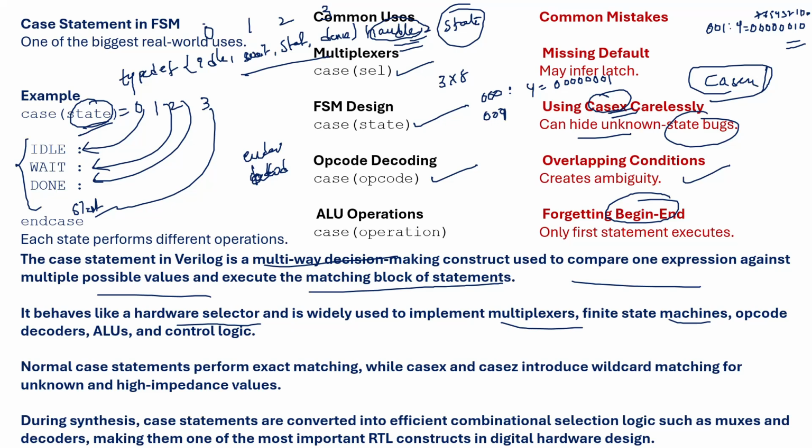A normal case statement does exact matching. Then casex and casez give you wildcard matching. That means unknown values and high impedance values are also matched, so you will get some unknown path. During synthesis, it can be converted into efficient combinational logic circuits like muxes, decision makers, decoders and encoders. This makes it one of the most important RTL constructs for your digital hardware design.